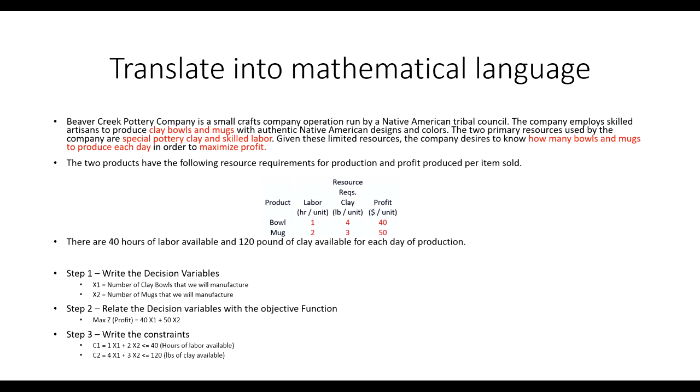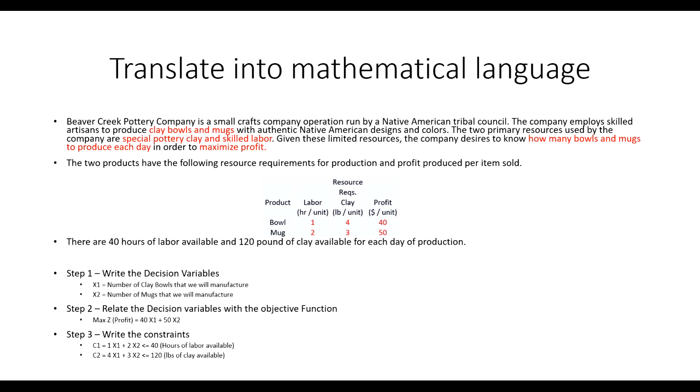But we have two limitations governing our choices. The first one is we have 40 hours of labor available, and 1 hour for every bowl plus 2 hours for every mug must be less than or equal to 40.